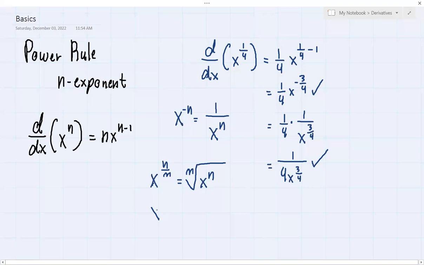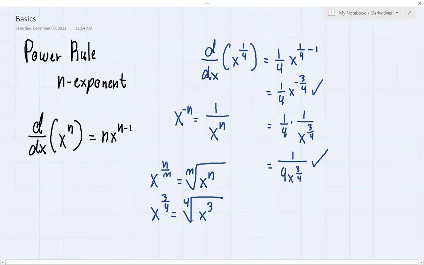So, therefore, this x raised to 3/4, okay, since 4 is the denominator, it becomes the 4th root of x raised to the numerator 3. Okay? Get it? The denominator is the one in the root sign. Then the numerator is the exponent of x.